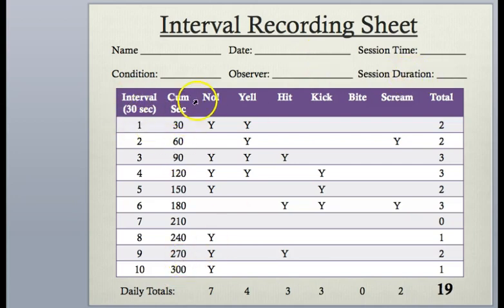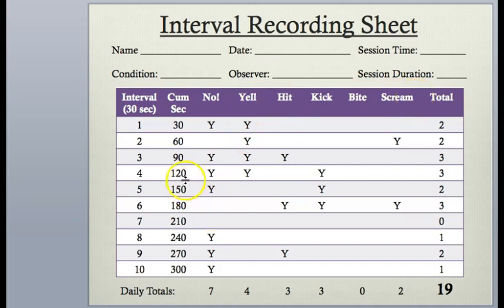So now the behaviors are listed across the top. This is for aggressive behaviors, and they include yelling the word no, yelling anything else, hitting another child, kicking another child, biting a child, and screaming.